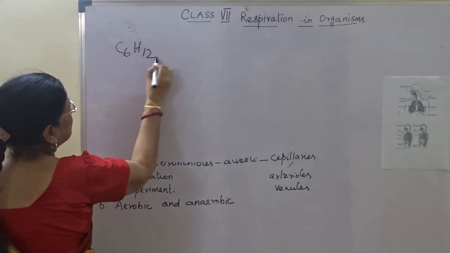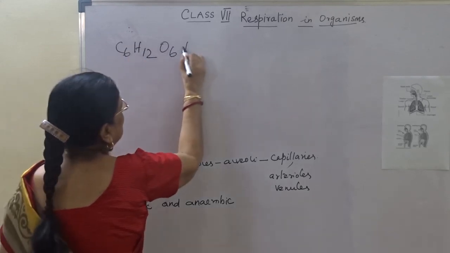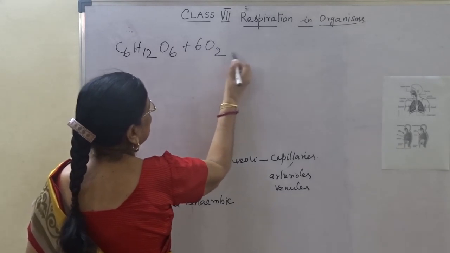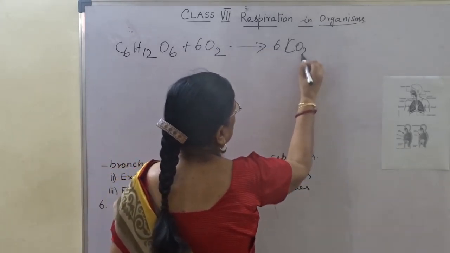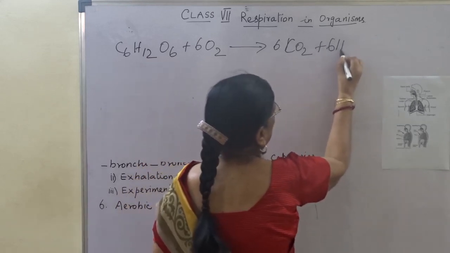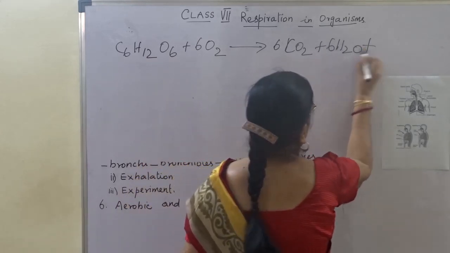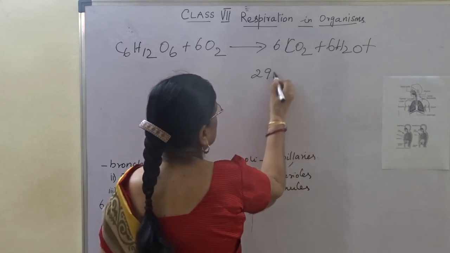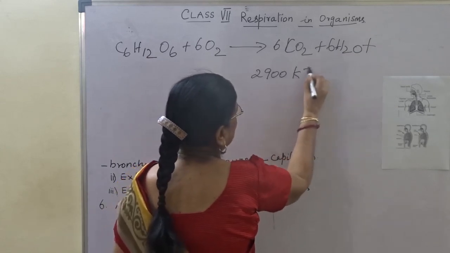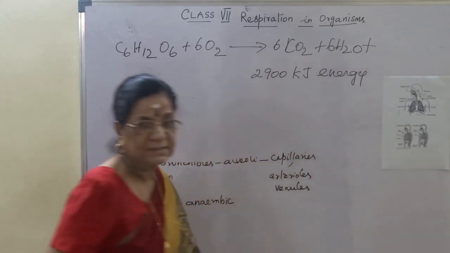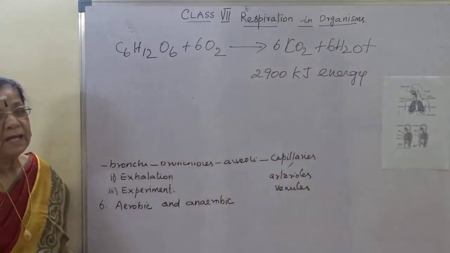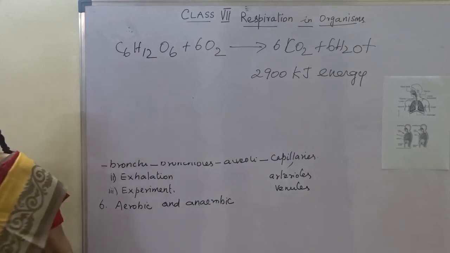C6H12O6 plus 6O2 gives 6 CO2 plus 6 water plus 2900 kilojoules of energy. This is the equation for aerobic respiration.